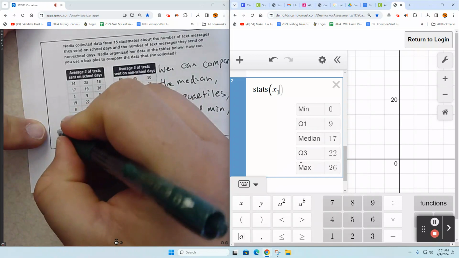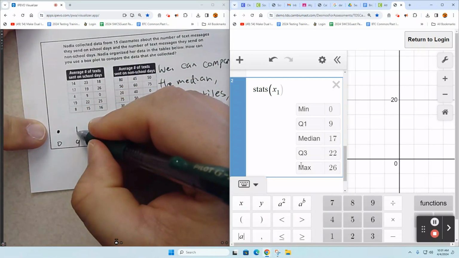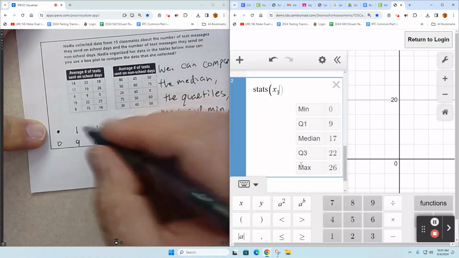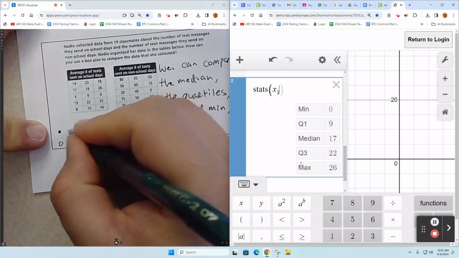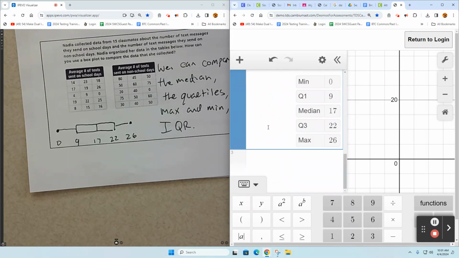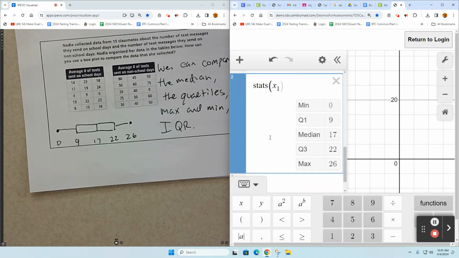So it tells me my min, my max, my first quartile, my third quartile, and my median. Boom, done. Wouldn't you have liked to know that yesterday? So that stat function gives you all the things you need for a box plot. I typed in the values and then stats. I personally like to just hit stats.